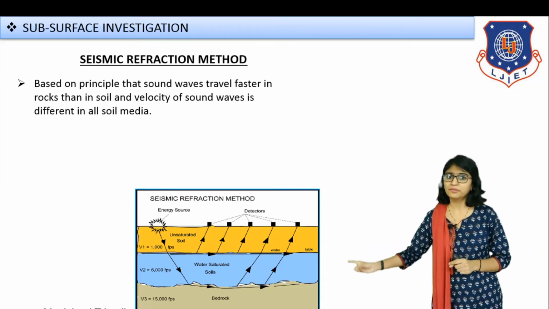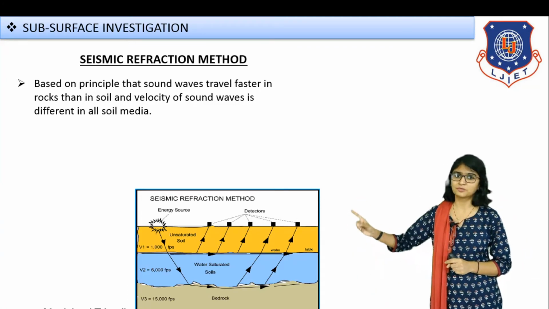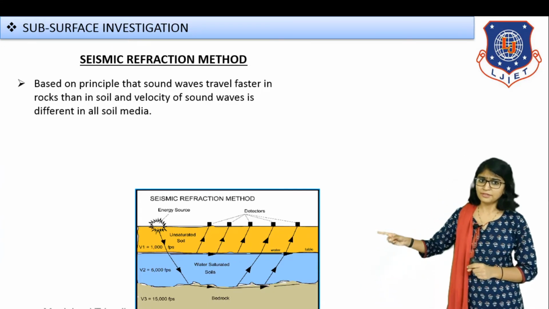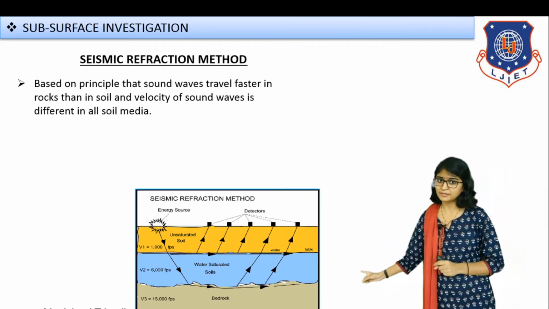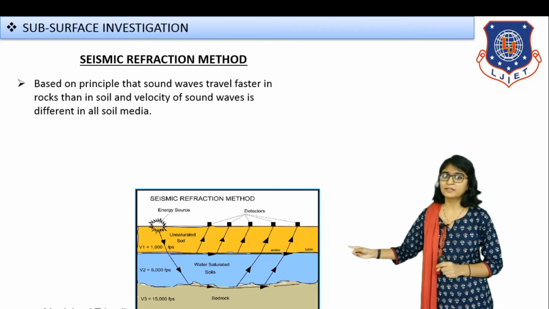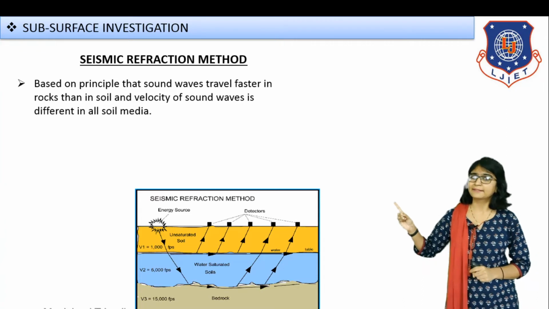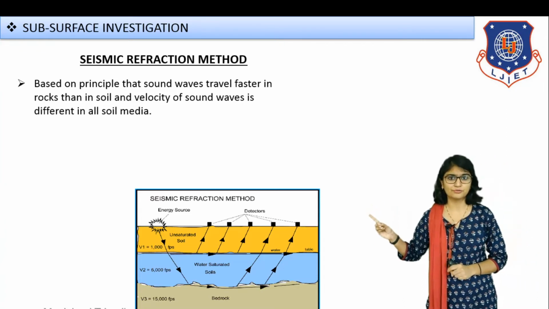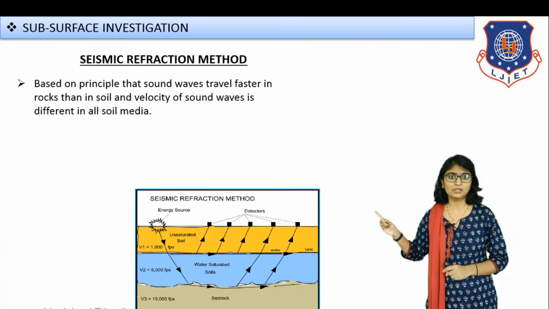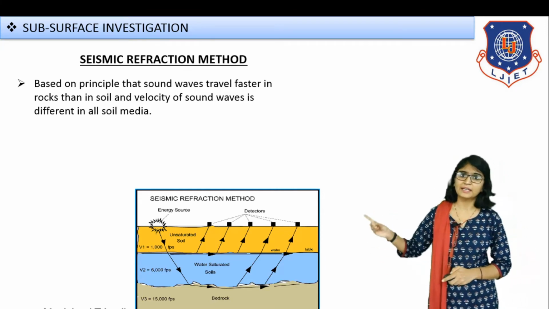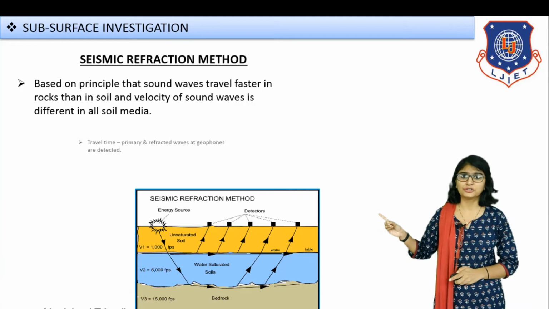The shock waves will start traveling through the soil media, and when the soil medium changes, the waves shall be refracted back. We will place at least 2 to 3 geophones, detectors, and the waves shall be refracted and received in the geophones.